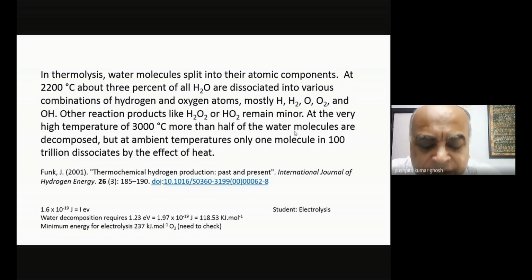So what does that tell you? Why do you need such high temperatures, when in fact the thermodynamic energy requirement is quite modest? Activation energy. You're familiar with activation energy?